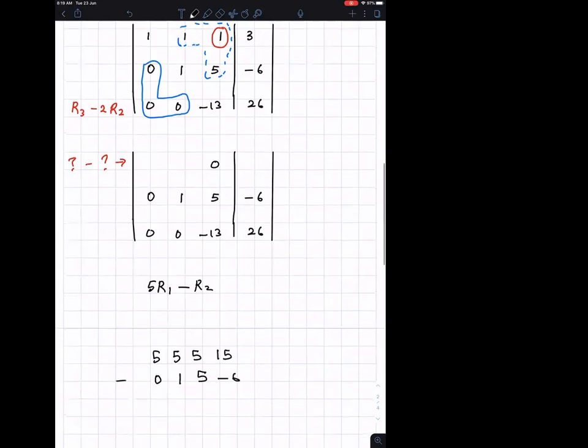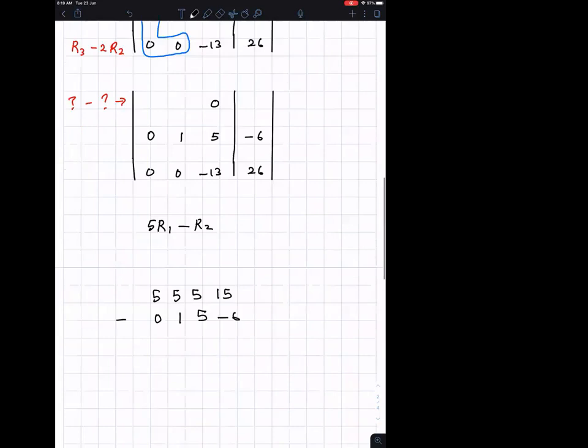So you're saying 5 minus 1 is 5, 5 minus 0, 5 minus 4, then 5 minus 5 is 0, 15 minus 6 is 21. 21. Yes, sir. Okay, 21. So they're going to get 5, 0, 4, 0, 21.